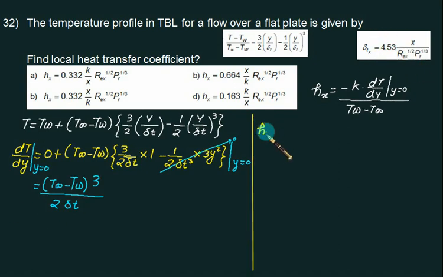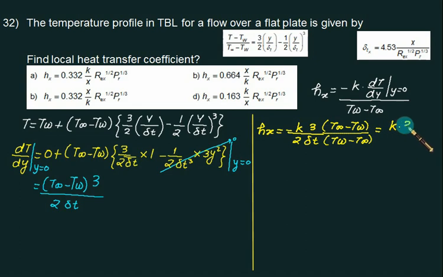So we have Hx equals minus k into 3 by 2 times delta T into T infinity minus Tw divided by Tw minus T infinity. That term gets cancelled, minus will become plus.